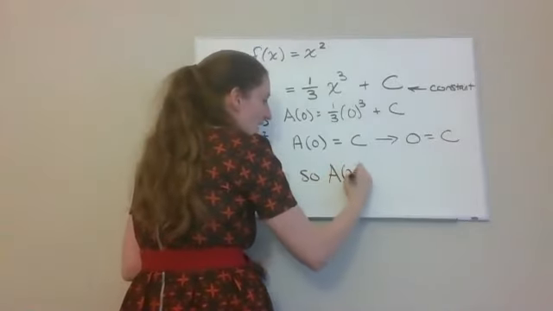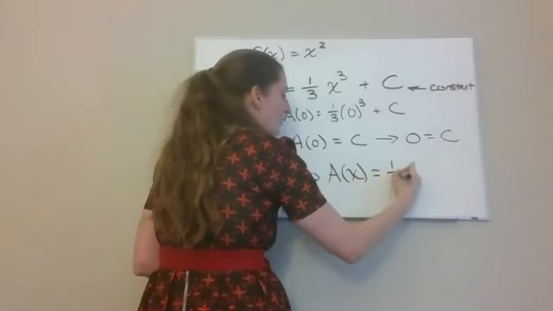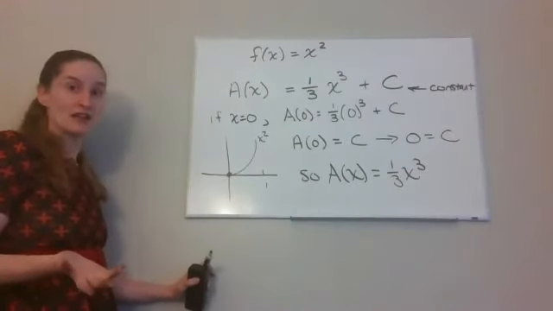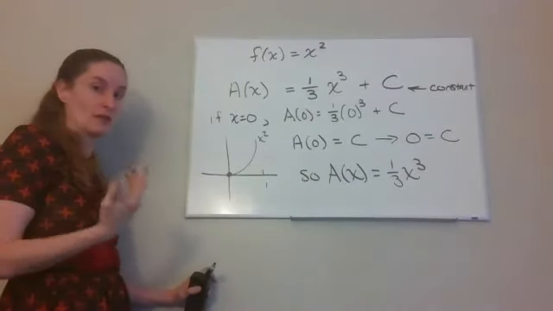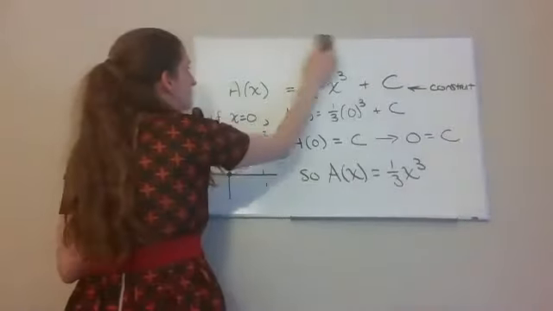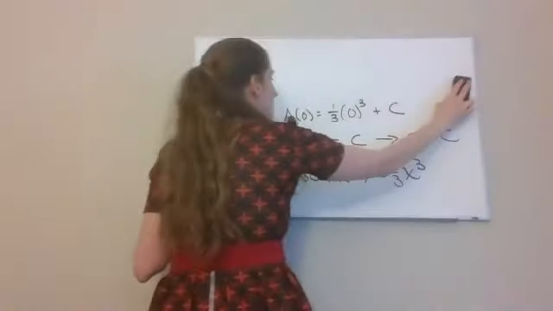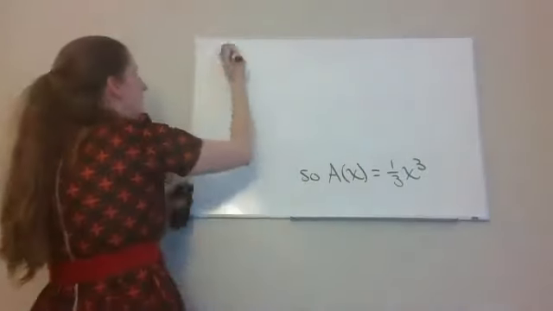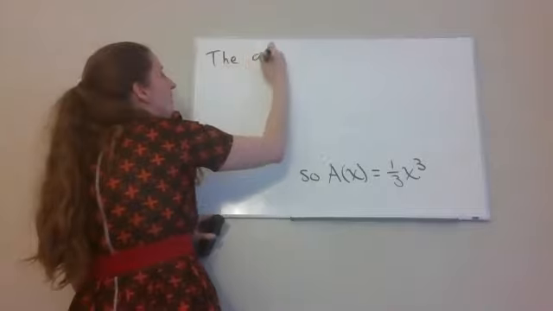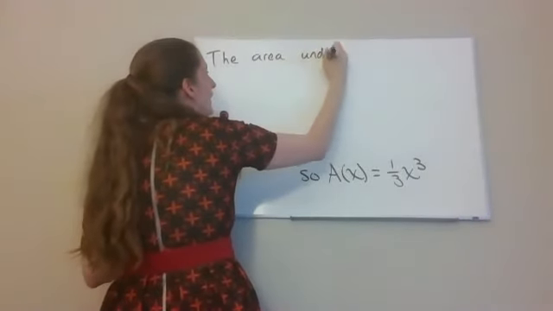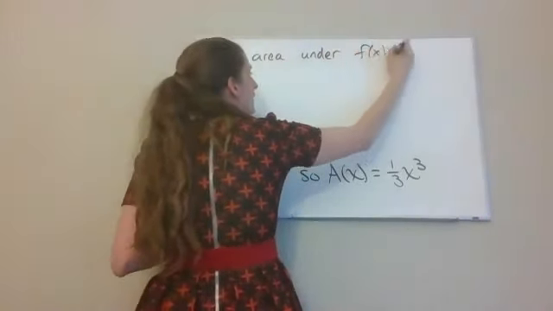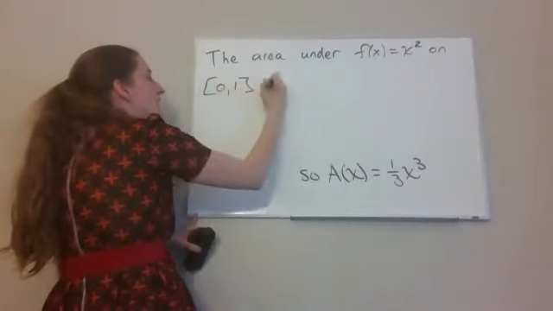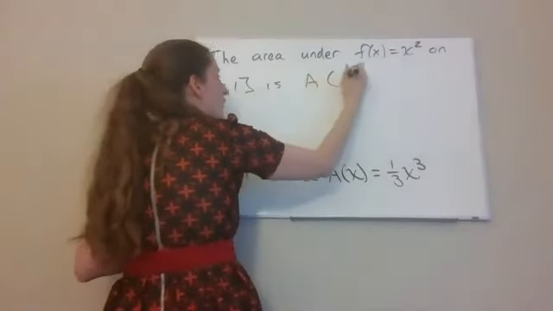So that means our area function is just going to be 1/3 x to the third. And now we're ready to find the area on the interval 0 to 1. The area under our function x squared on the interval 0, 1 is A of 1.